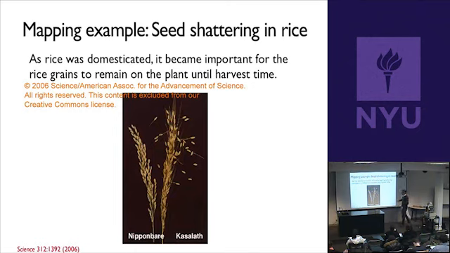If you look at these 2 strains of rice, they're both in a chamber with a fan blowing on them. You can see that this strain loses its rice kernels very easily. They go flying in all directions, whereas this one doesn't. This is actually a very desirable trait for rice, because you don't want the rice to fall off the plant until you go and harvest it.